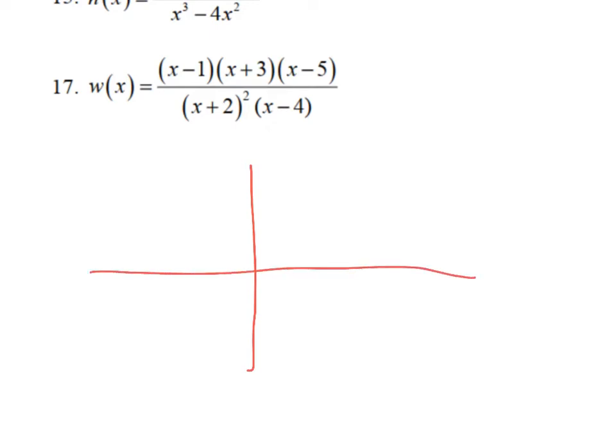So I know there's a vertical asymptote at -2. I know there's a vertical asymptote at 4. I know it crosses the x-axis at 1, at -3, and at 5.